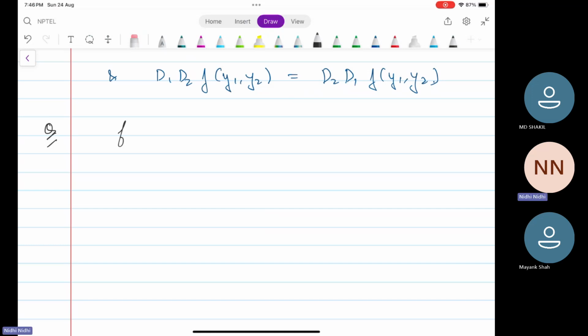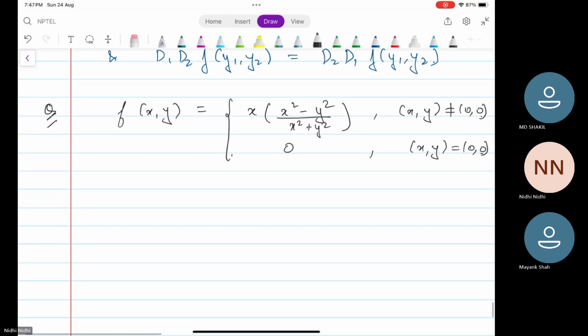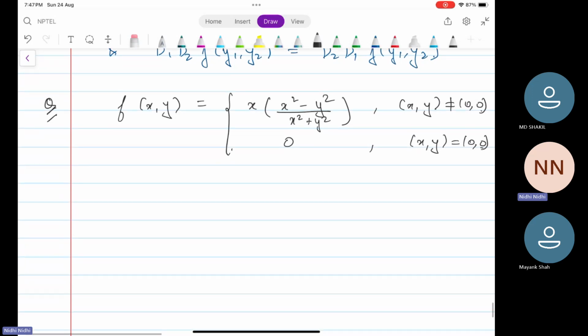Consider the function f(x, y). I think there is a printing mistake in those notes. Instead of xy, it should be either x or just y square. Then f is given by this expression when (x, y) is non-zero, and 0 when (x, y) is 0, 0, so that the mixed partial derivatives are not equal.